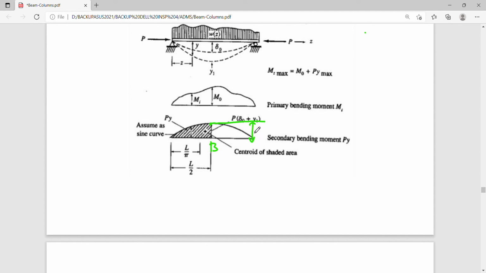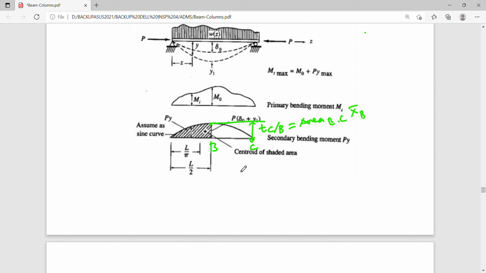So this deflection has something to do with this tangential deviation at point, let's say this is C. So the tangential deviation at C from a line drawn tangent to point B is equal to what? The area of the moment diagram along BC multiplied by x bar B. So that is your moment area theorem.